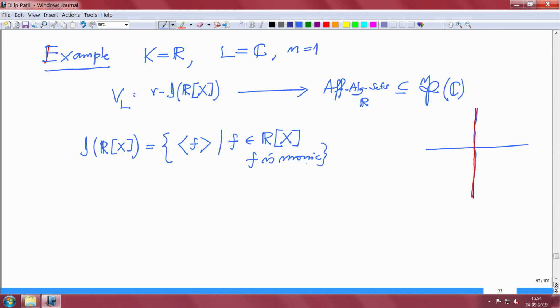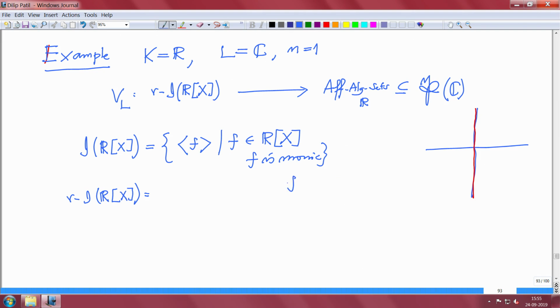These are all ideals. And how do you write all radical ideals? Now we have to look at the prime decomposition of f and then remove those multiplicities. That means what?